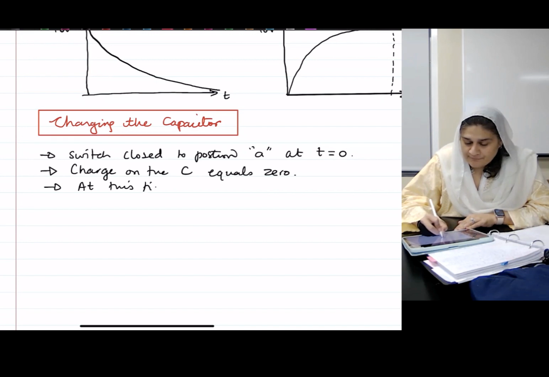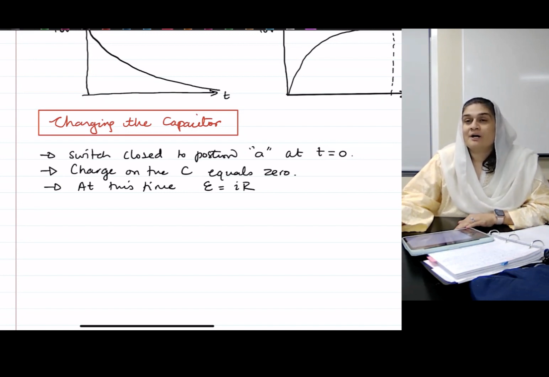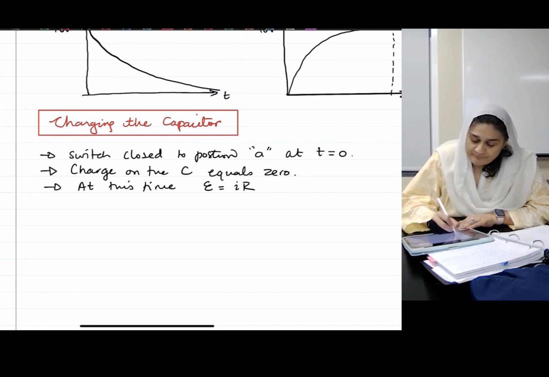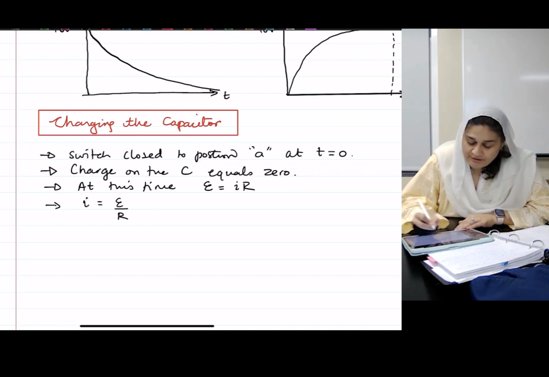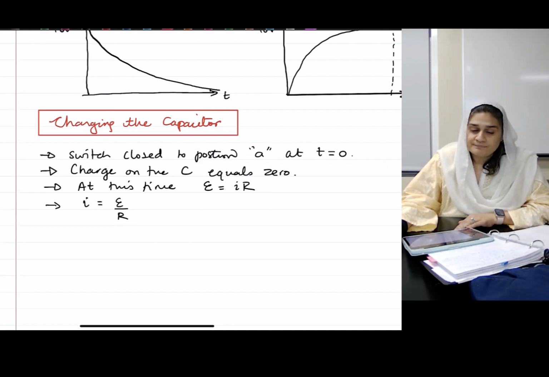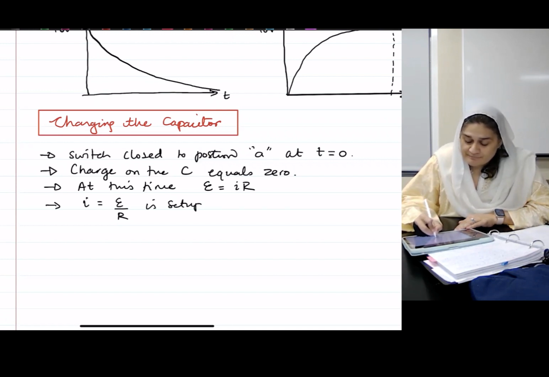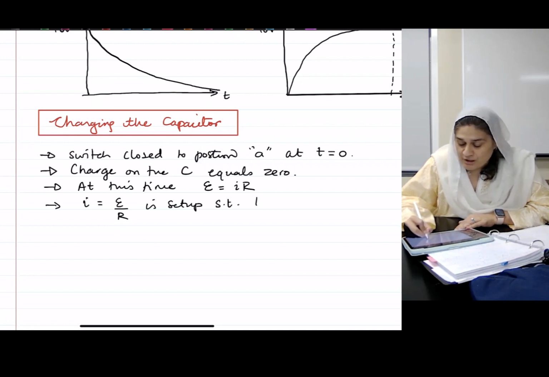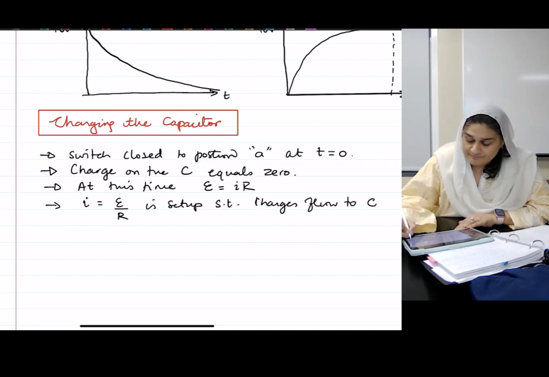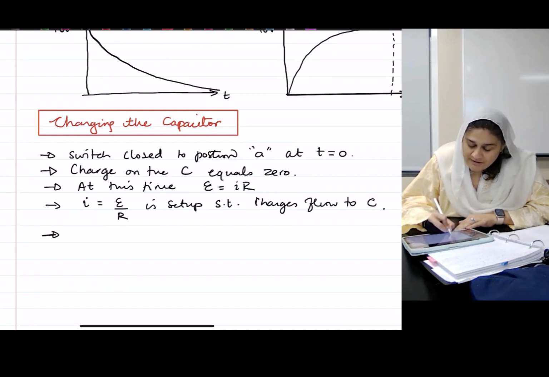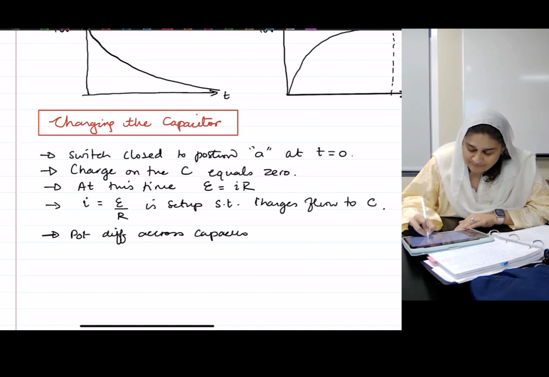At this time, the entire EMF is potential drop across the resistor, which is equal to IR, which means a current equal to V over R is set up such that charges flow to the capacitor, which means the potential difference across the capacitor increases with time.